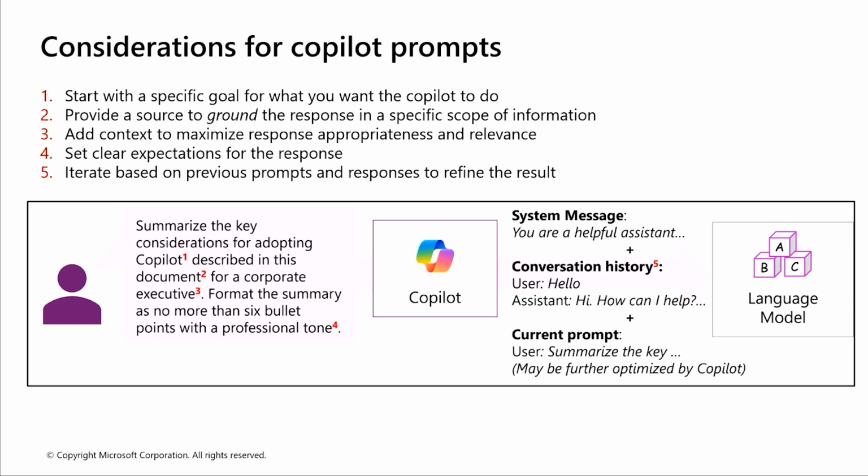That source information will help ground the response in a specific scope. Third, add context. Context helps the responsiveness. It allows Copilot to provide appropriate responses quicker. Without context, our responses can often be vague. This context helps take the source information with the goals that we specified and give relevant answers quickly.